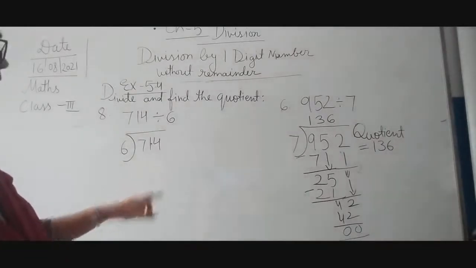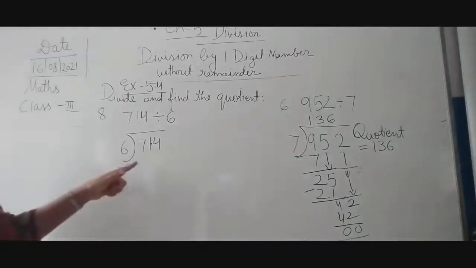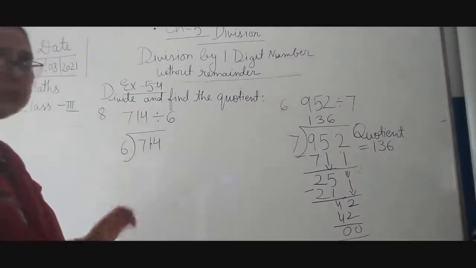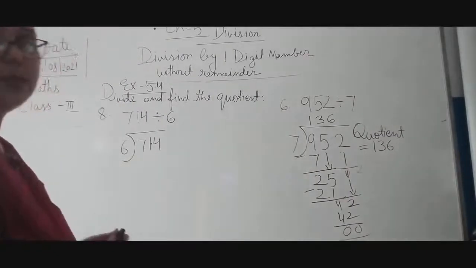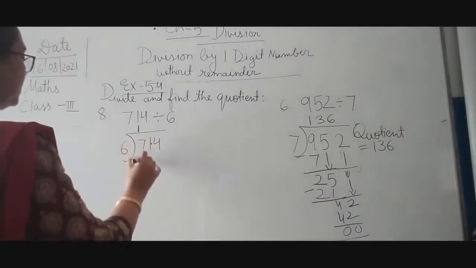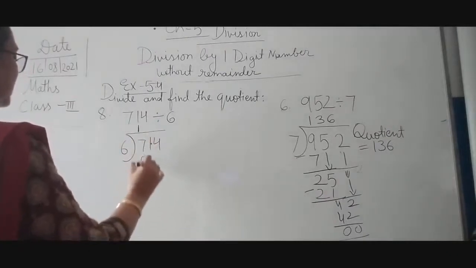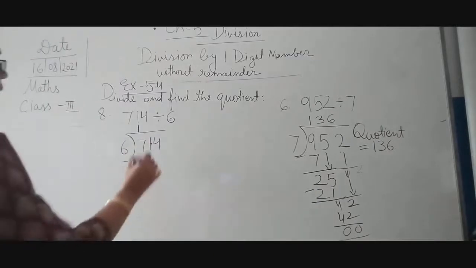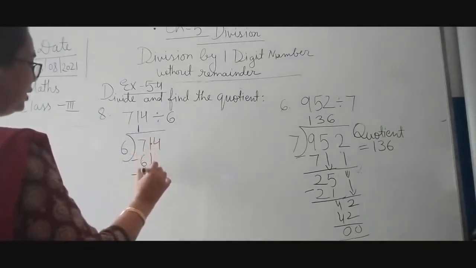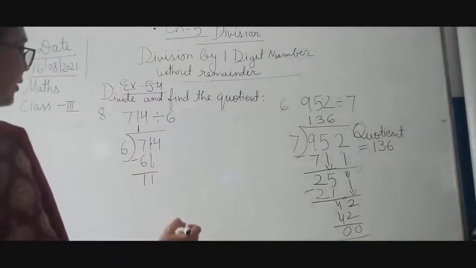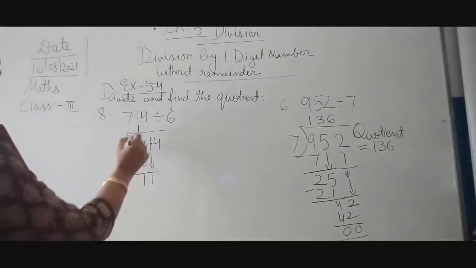I think 71 will come later, because 7 is bigger than the table of 6 once. So that is why we will tell the table of 6 one time. 6 ones are 6. 7 minus 6 we will get 1, and now here we are going to write 1 also.